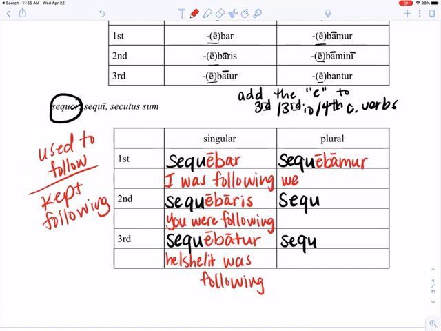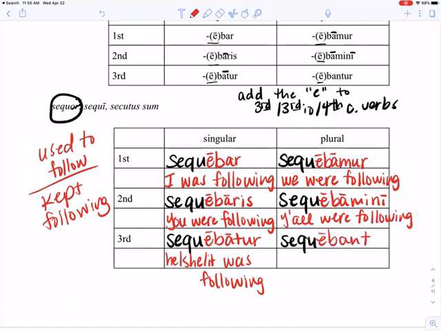There we go. We were following. You're going to add a bomini for seque bomini, and this is y'all were following. And then you'll add a bontor, and this is they were following.